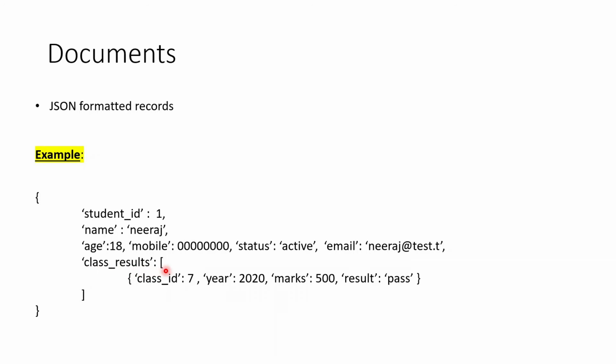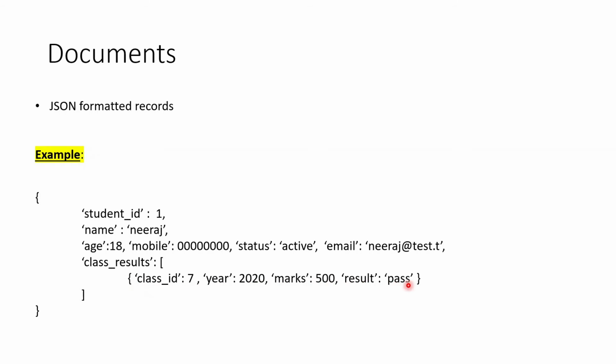Class results can have multiple documents inside it, so it is an array data type. Inside that, we have JSON subdocuments. If you notice, again inside this we have a JSON document.